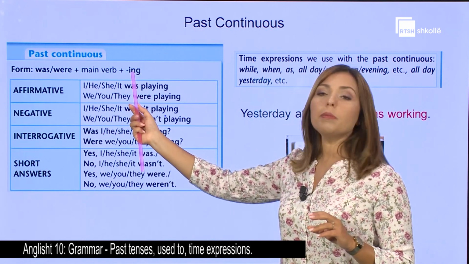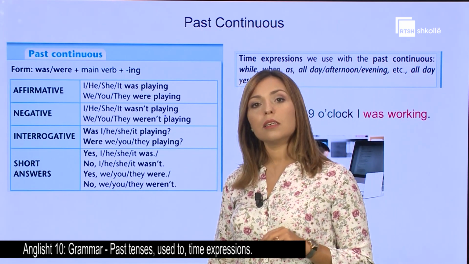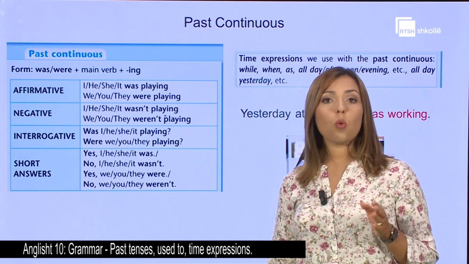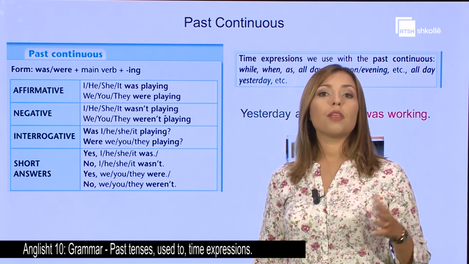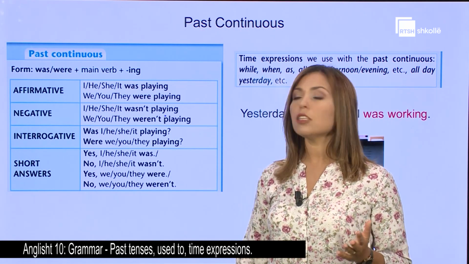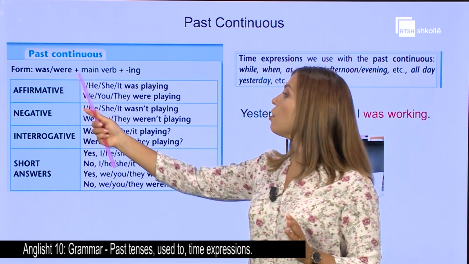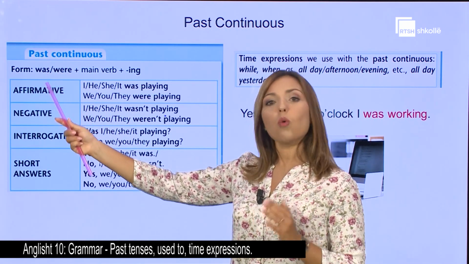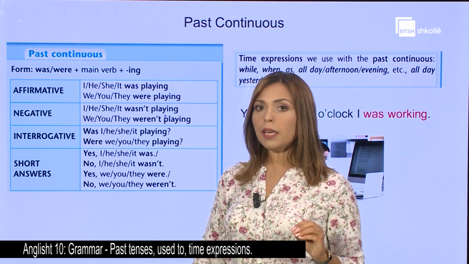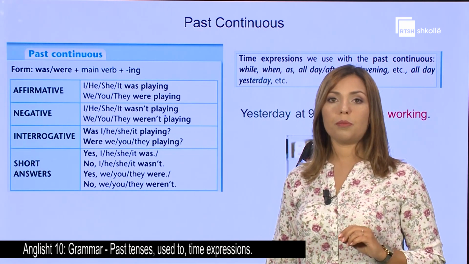And our verb in ing. I was playing. You were playing. He was playing. They were playing. So it doesn't change. The verb is in ing, but we change the verb to be. I was, you were. So, verb to be in the past and ing in the verb.